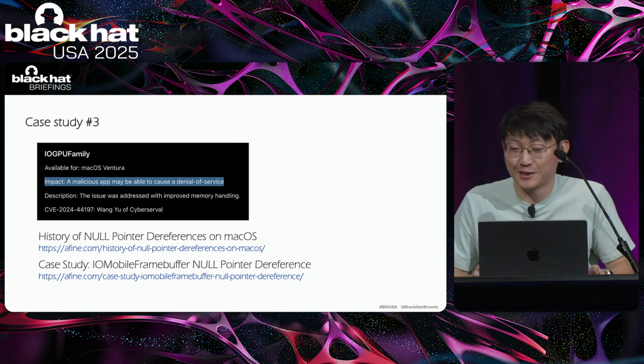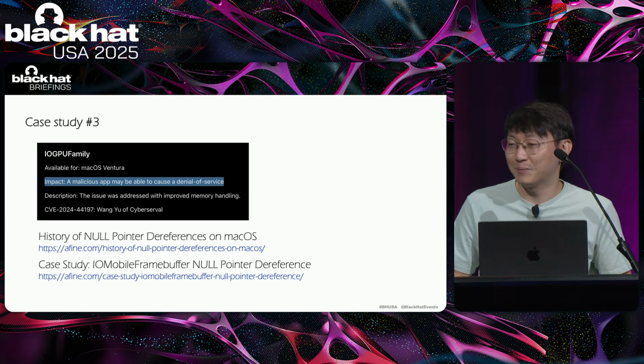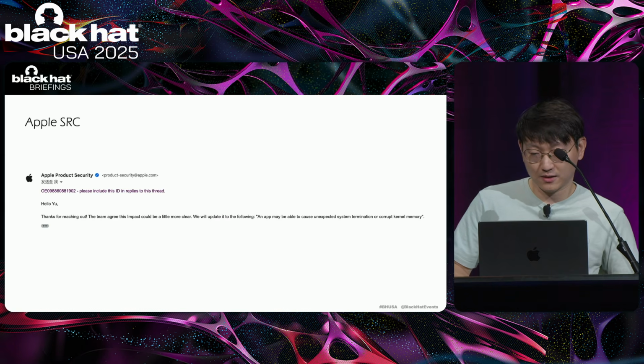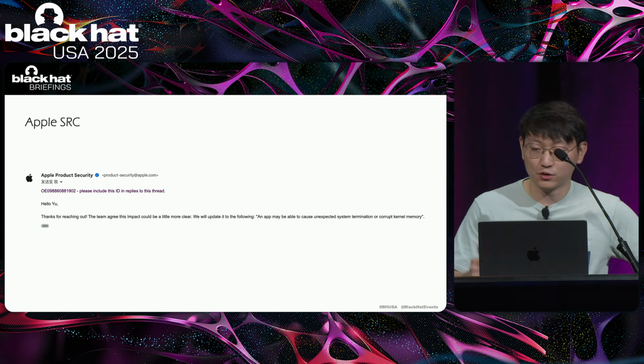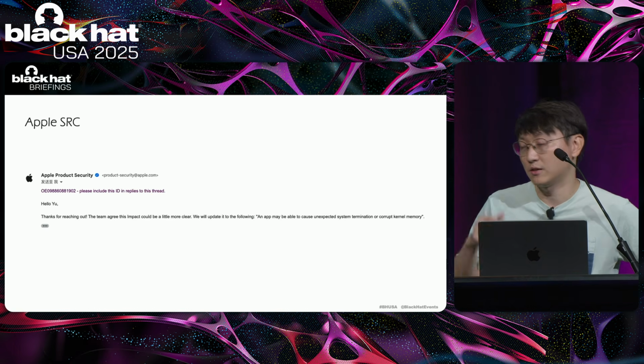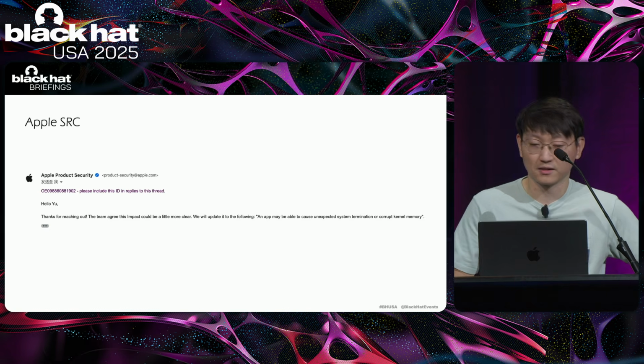The truth is they just didn't care about the actual root cause and the security implications of that. So we have talked to Apple, and they promised to update the description to make it clear.